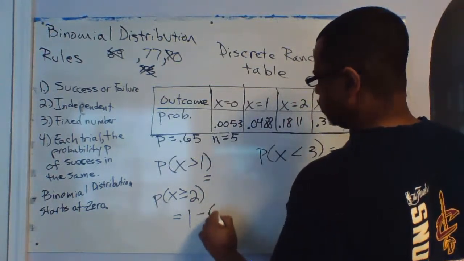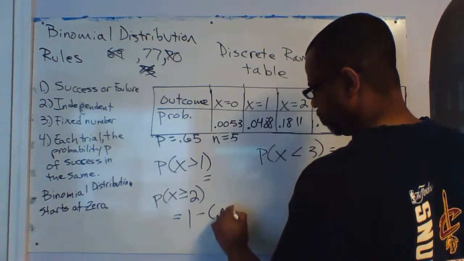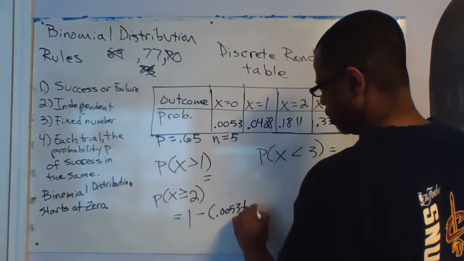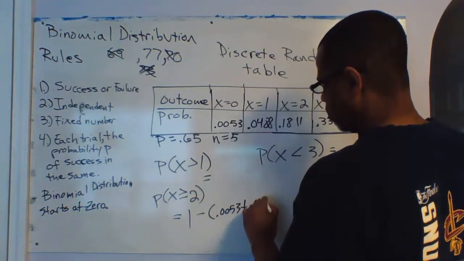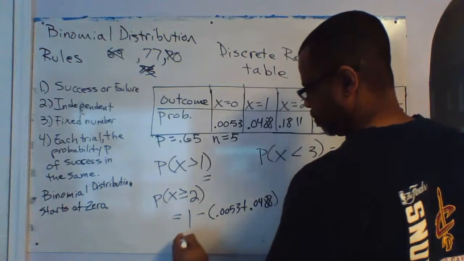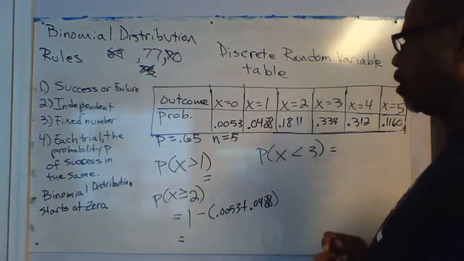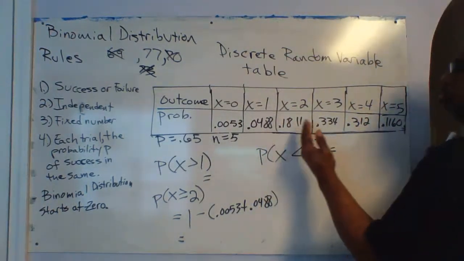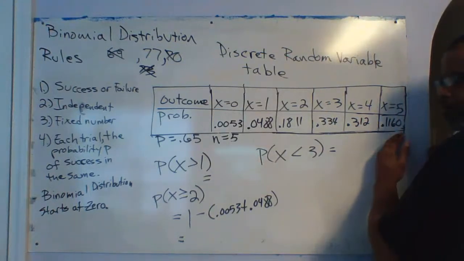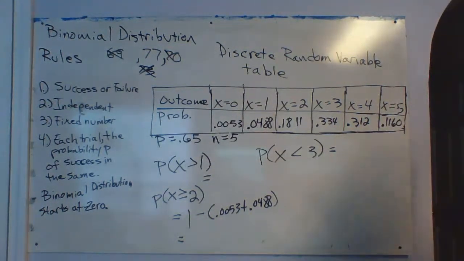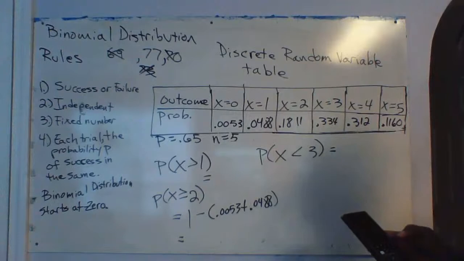So can't we do 0.0053 plus 0.0488? Because we're looking for 2, 3, 4, and 5, right? So if we put that in the calculator.